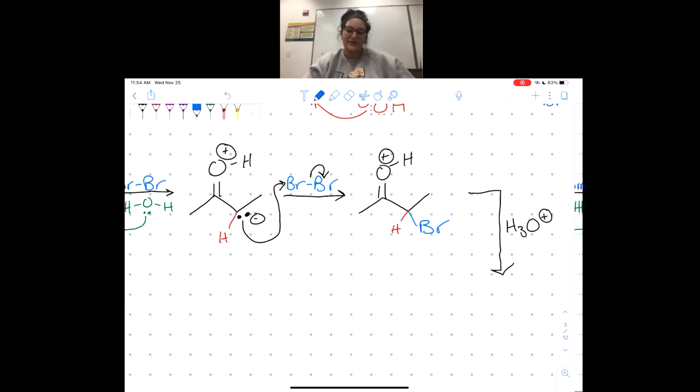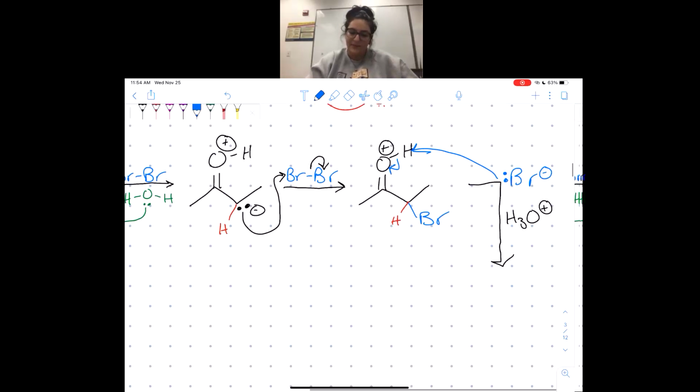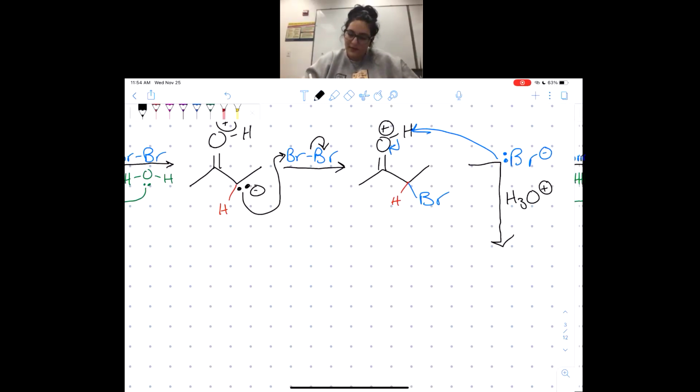And what else do we have in solution? Aha, now we have Br minus. So we can deprotonate using the Br minus. Steal the hydrogen, give those electrons back. So now we get this lovely molecule. So are we done here?